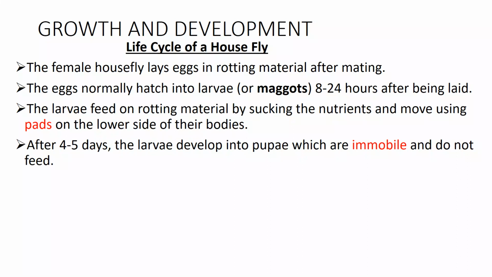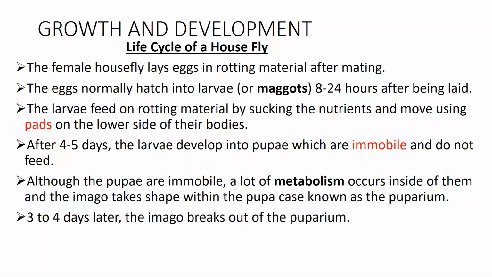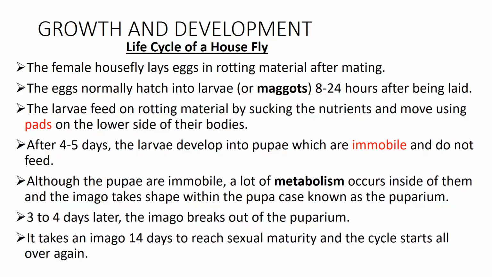Despite this, inside the pupa, a lot of metabolism occurs, and the imago takes shape within the pupa case known as the puparium. So after this, maybe 3 to 4 days later, the imago breaks out of the puparium.